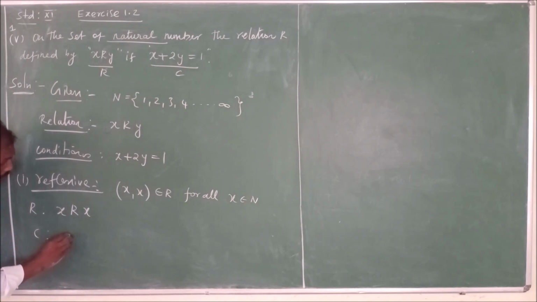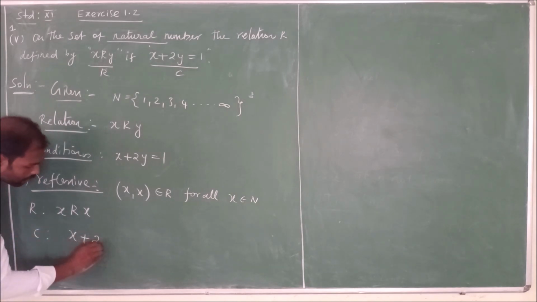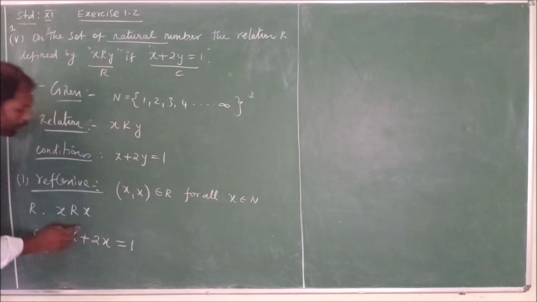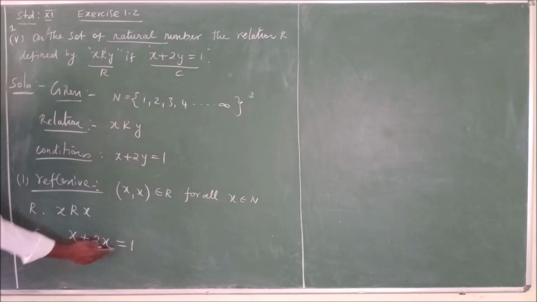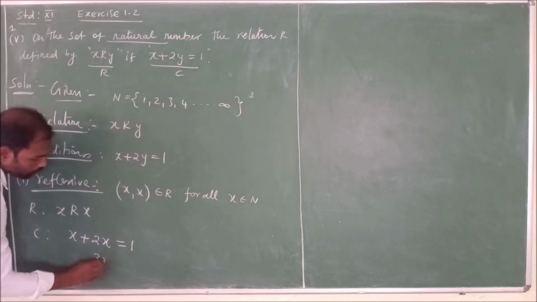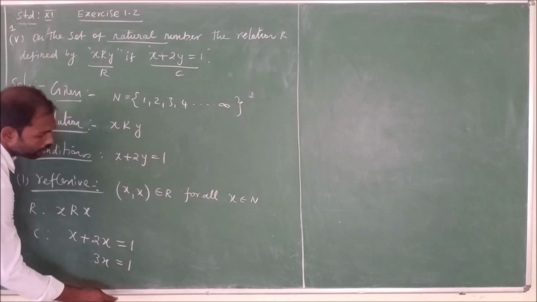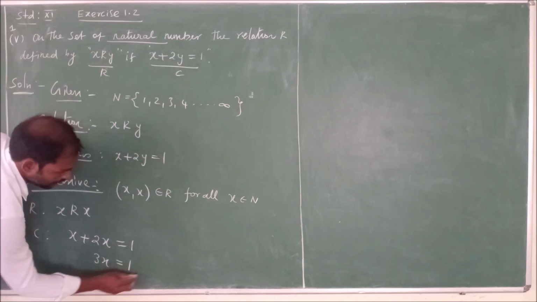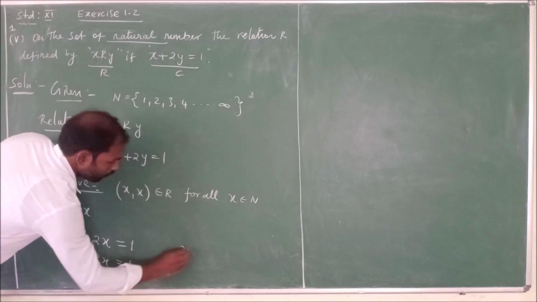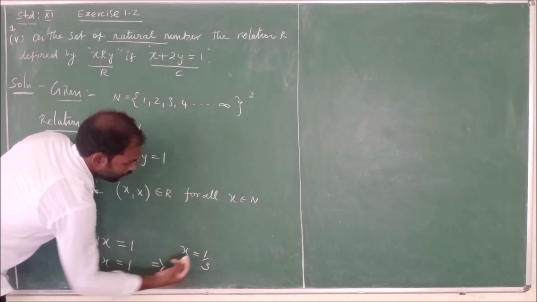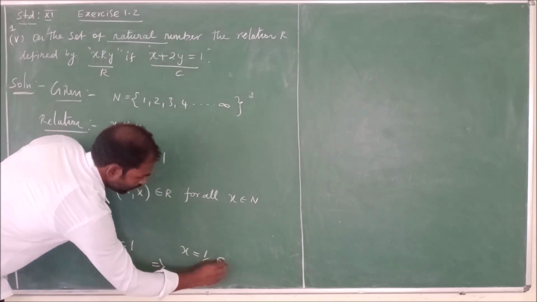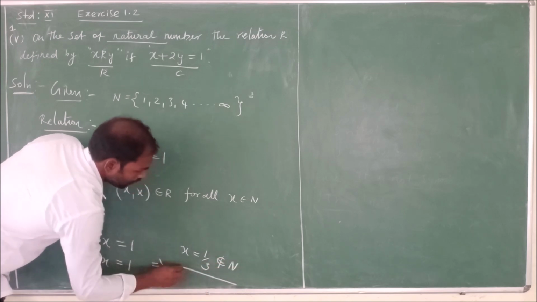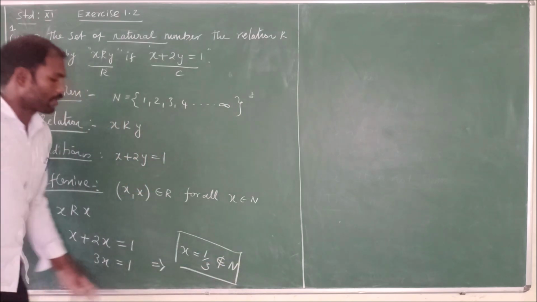The condition is x plus 2x equals 1. Replacing y by x, 3x equals 1, which implies x equals 1 by 3, which does not belong to N.